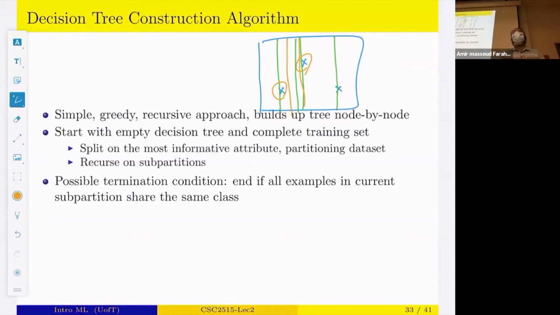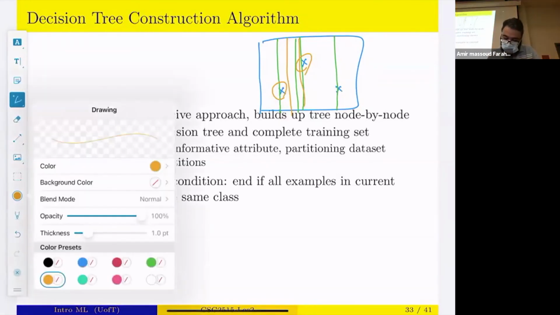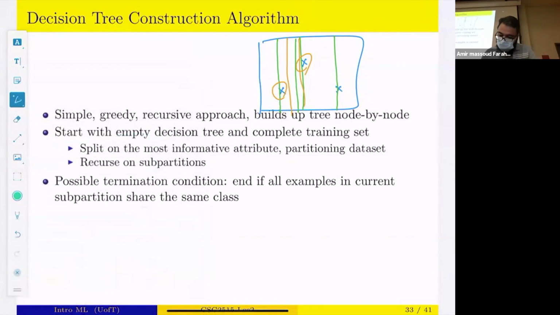On the training set, yes, but then you can argue what would lead to better generalization? Okay, in this example, I use a different color. If I want to split, which one is better?